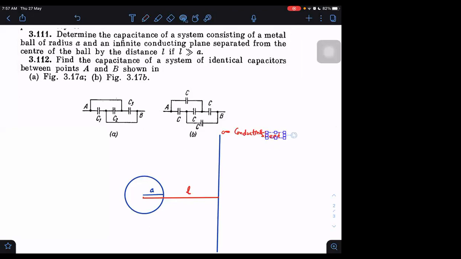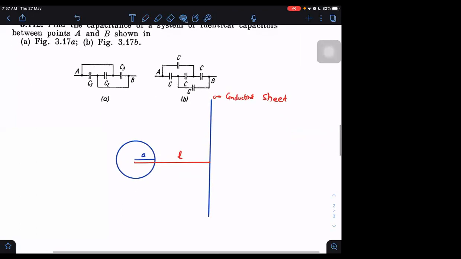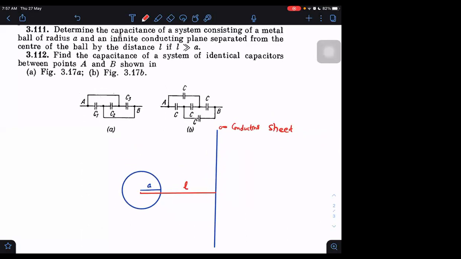So we have an infinite conducting sheet, and how to find out? Also, I think L is given as very, very large.